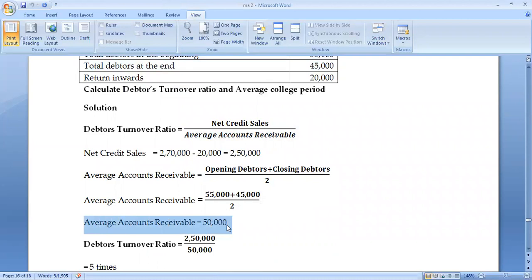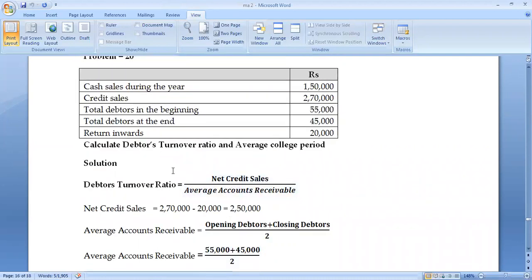Along with that, you should also compute the debtors turnover ratio. That is, you should know what this net credit sales actually is. Sometimes total sales will be given and cash sales will be given, while credit sales will not be given. At that time, you should find out the credit sales: total sales minus cash sales gives you the credit sales.